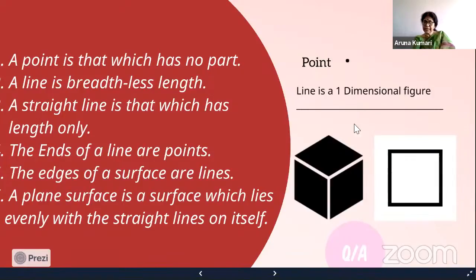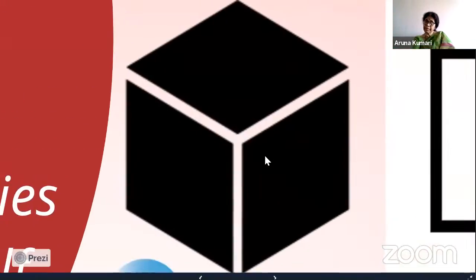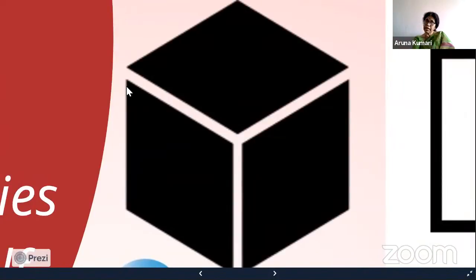Now, this is a 3D figure, coming to 2D figure. So the edge or the limit of that: it has 6 faces, and in between these 6 spaces we can say that this figure has a limit.